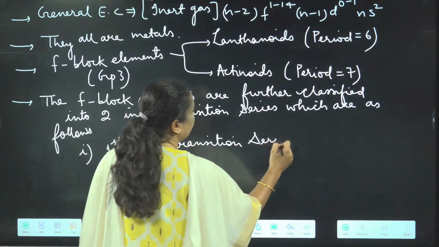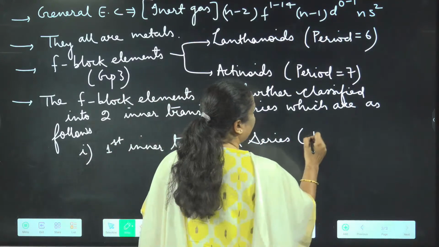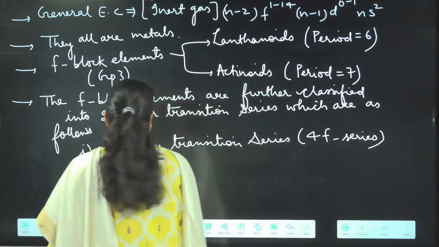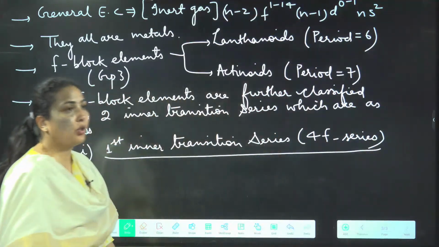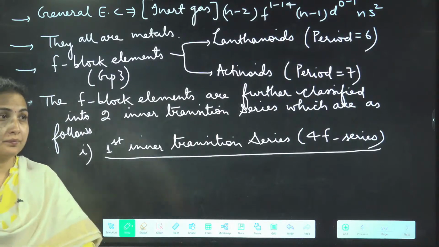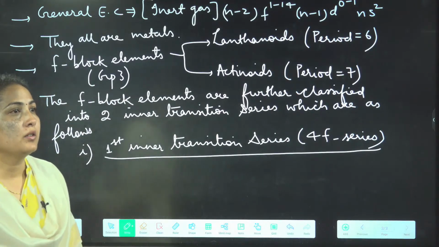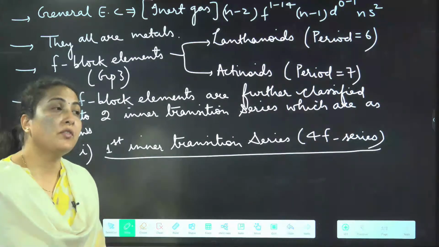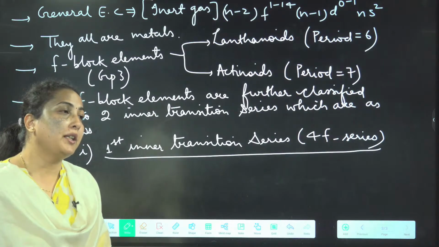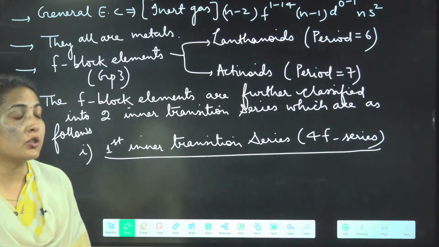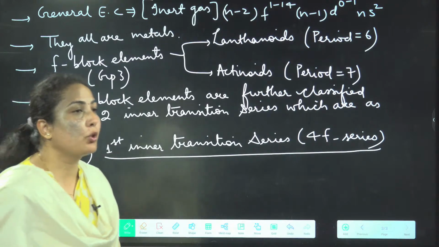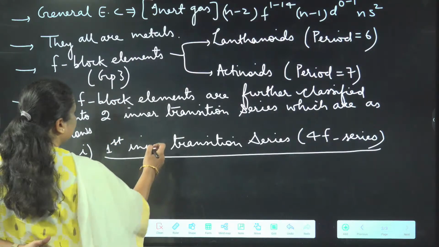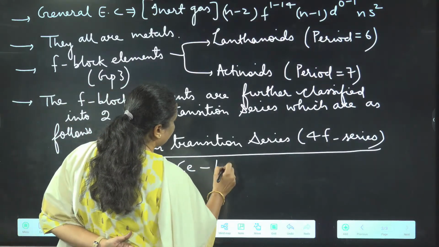And first inner transition series is basically called the 4F series. Now, why is it called the 4F series? Yes, because the way we have declared 3D, 4D, similarly here also, the 4F subshell is getting progressively filled by the electrons. Okay. So here basically it constitutes cerium to lutetium.